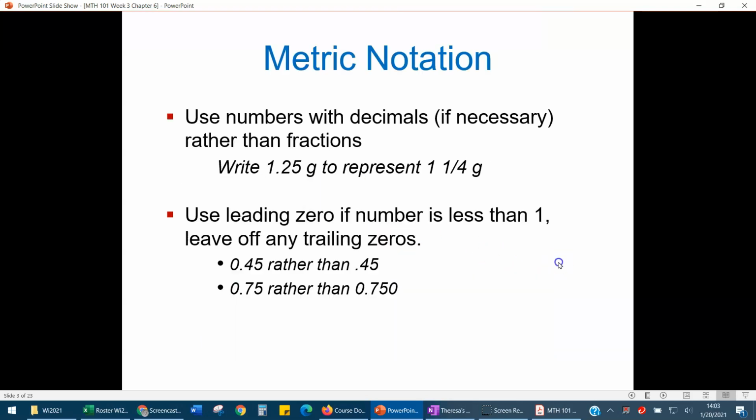I wanted to give you the rules on metric notation. So when we are writing numbers in the metric system, we use decimals. We do not use fractions. We've already talked, you need the leading zero always, and you leave off any trailing zeros.